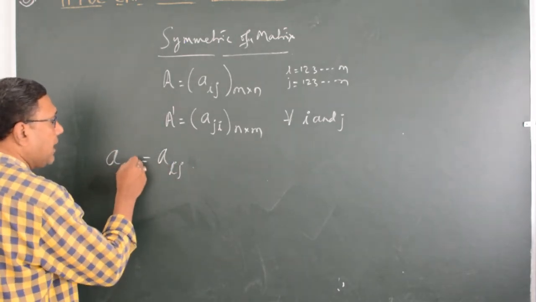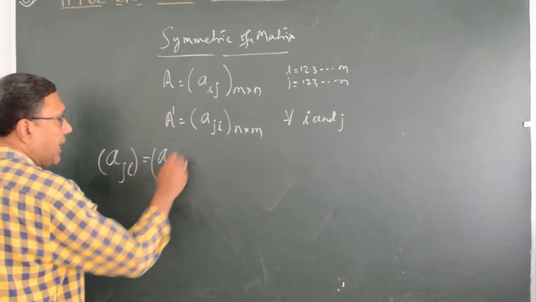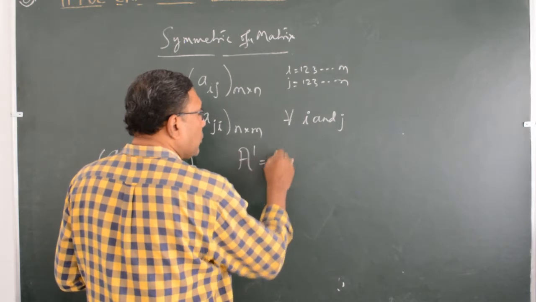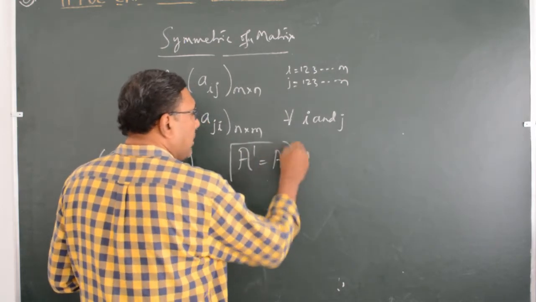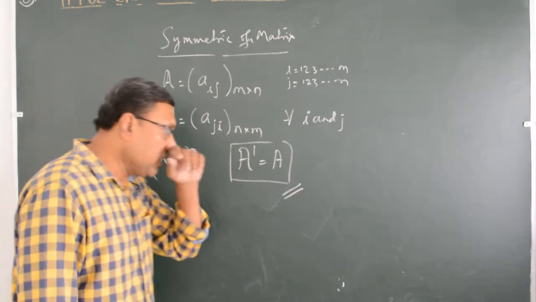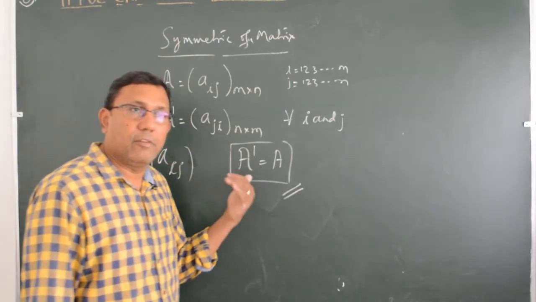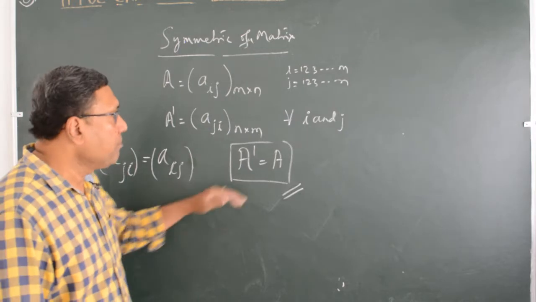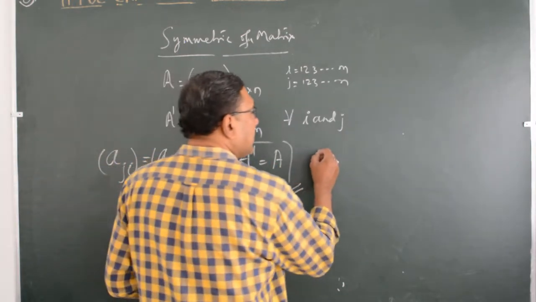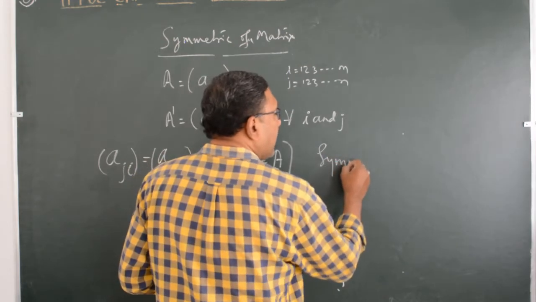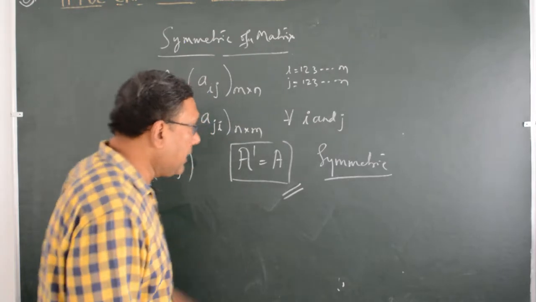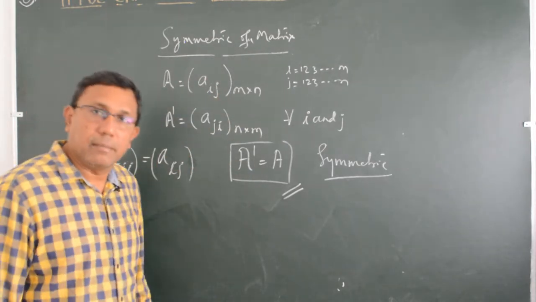When you transpose this, you should get A transpose equal to A. Put a box. If you find any matrix of this nature, that when you do a transpose you find the same matrix, then that matrix is said to be symmetric.